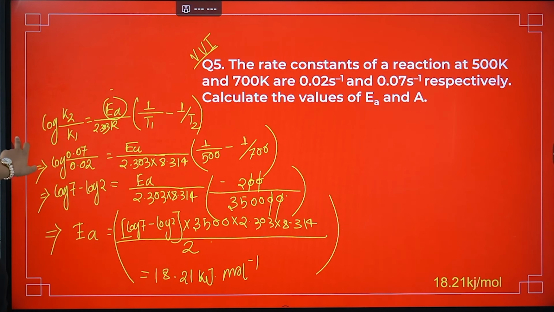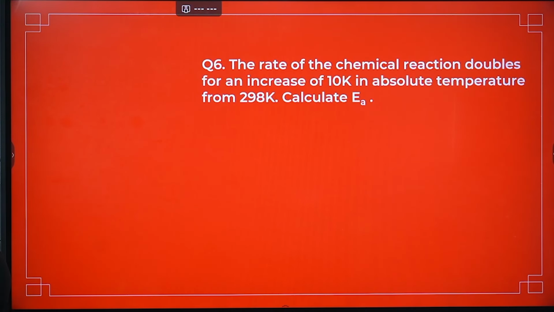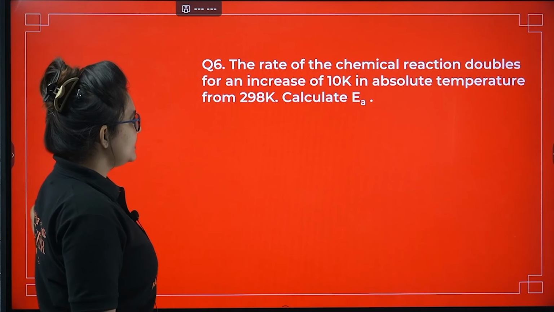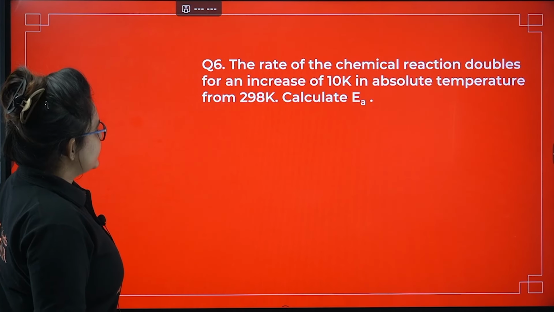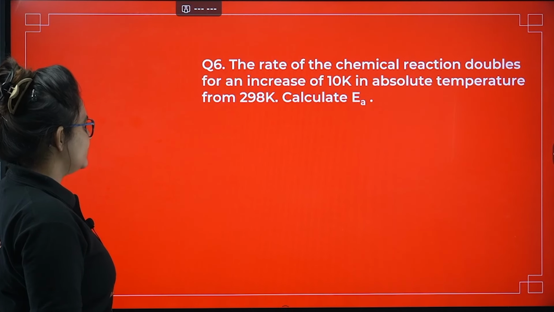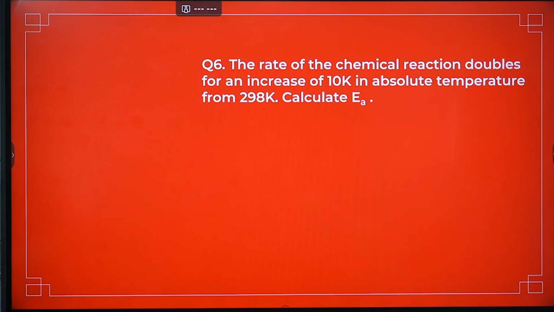Okay, let's go ahead. The rate of the chemical reaction doubles for an increase of 10 K in absolute temperature from 298 Kelvin. Calculate energy of activation.